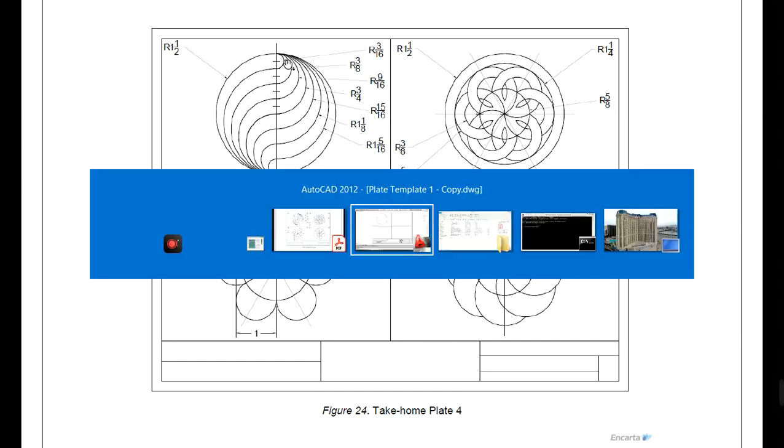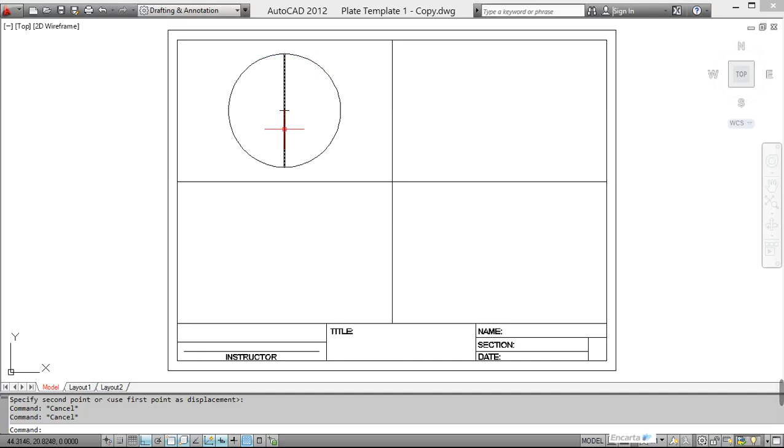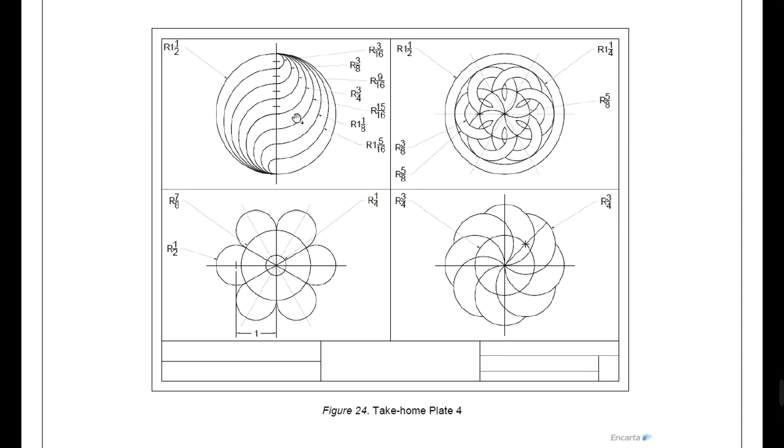And then you need to divide into 1, 2, 3, 4, 5, 6, 7.